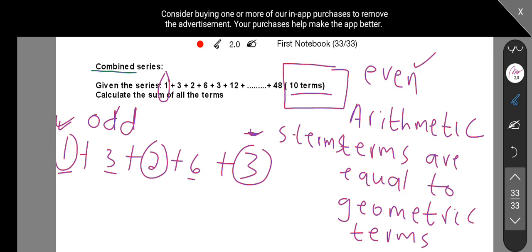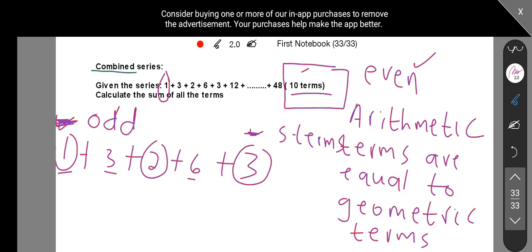What I'm trying to say here is that if we have an even number of terms, the number of arithmetic and the number of geometric are the same, or the number of the two different series are the same. But if we have an odd number of terms, for example 1, 3, 5, 7 and 9, the series which starts will take the lead by 1.